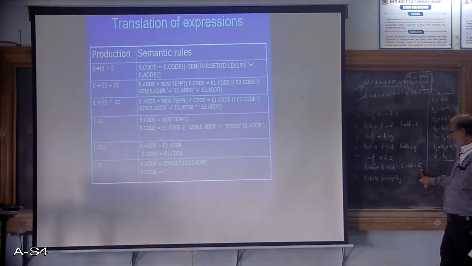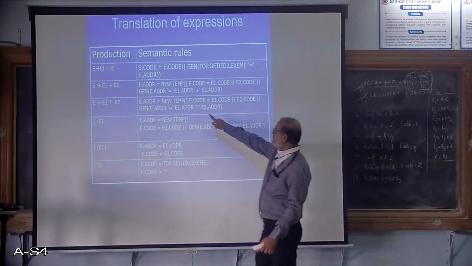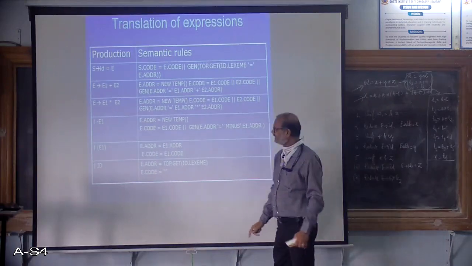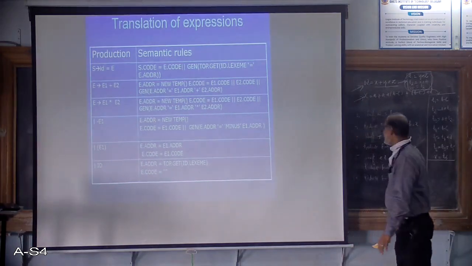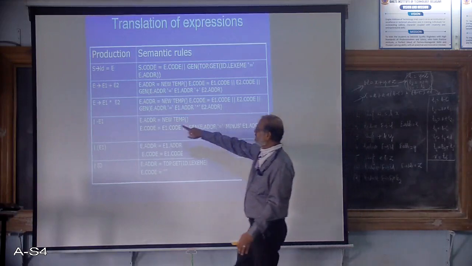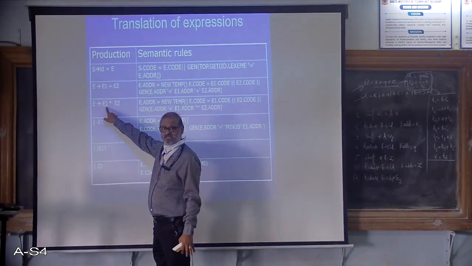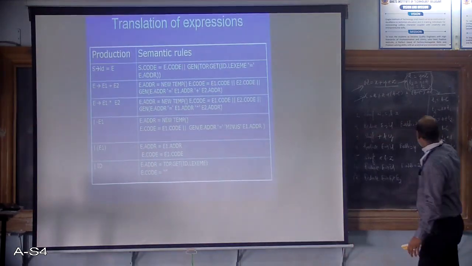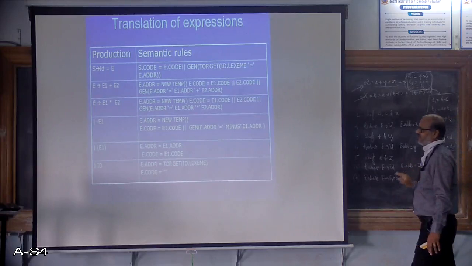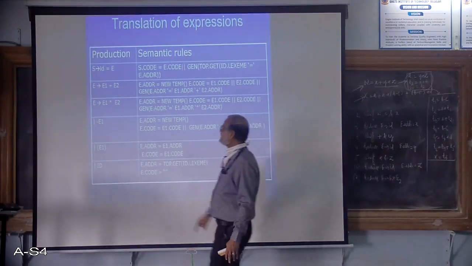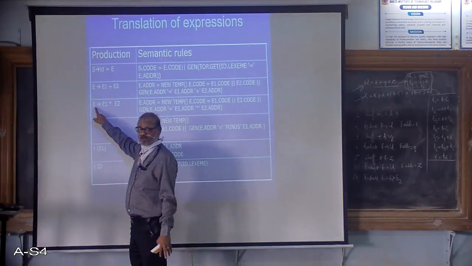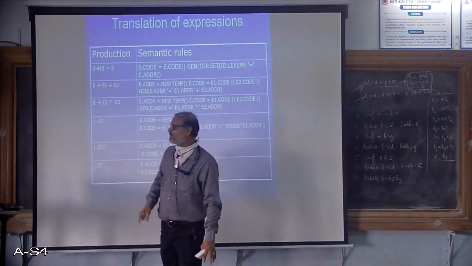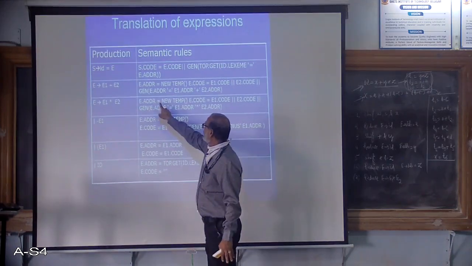Now I have written a semantic rule, and I have to use this particular production for reduction. Just before the reduction, the addresses are available: E1 dot address and E2 dot address, which are nothing but Y and Z. Now I have to define E dot code and accordingly E dot address. E dot address is going to hold the value of this, so I have to request a temporary. That's why you have E dot address equal to new temporary.